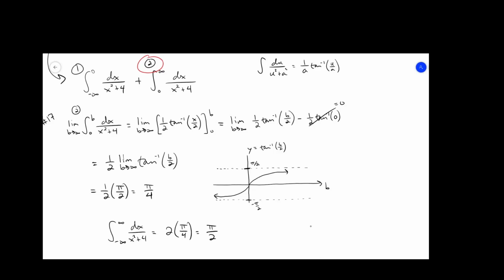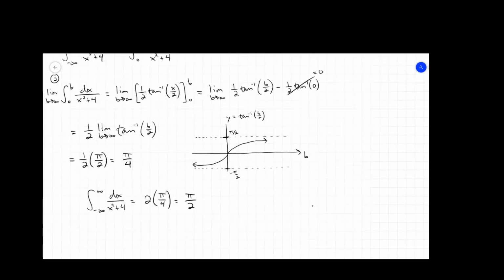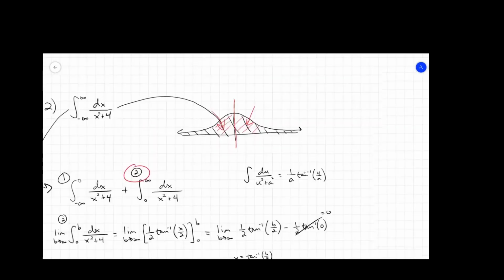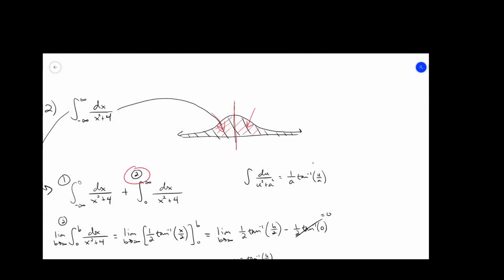So interestingly enough, the entire area under that curve that I drew at the beginning, this area up here, all of that area is pi over 2. It looks infinite, but strangely enough, it isn't.